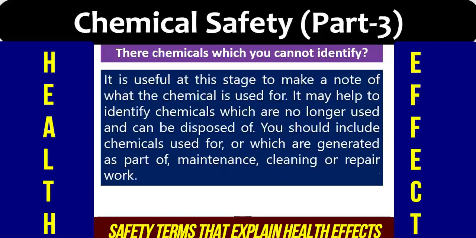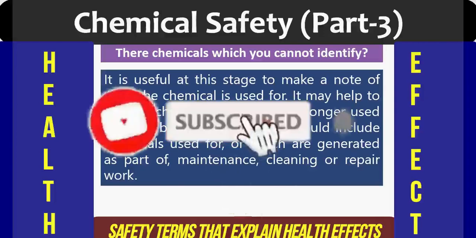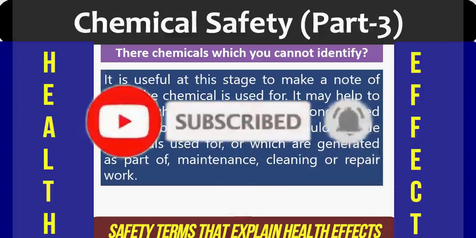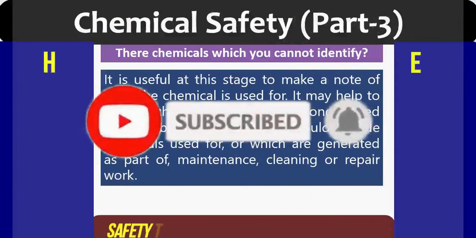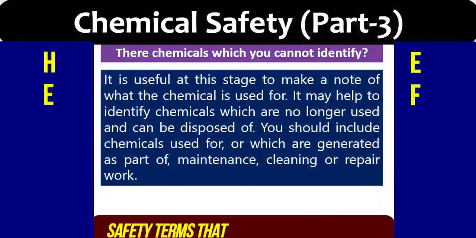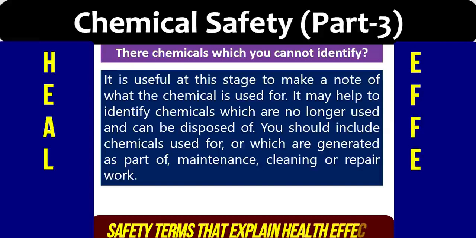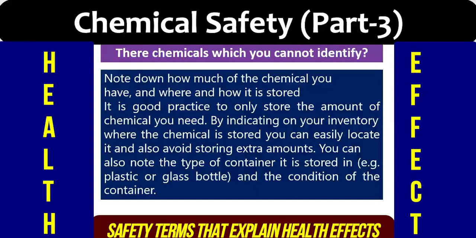Dear friends and fellows, it is useful at this stage to make a note of what the chemical is used for. It may help to identify chemicals which are no longer used and can be disposed of. You should include chemicals used for or generated as part of maintenance, cleaning, or repair work. Note down how much of the chemicals you have and where and how it is stored. It is good practice to only store the amount of chemicals you need at site.